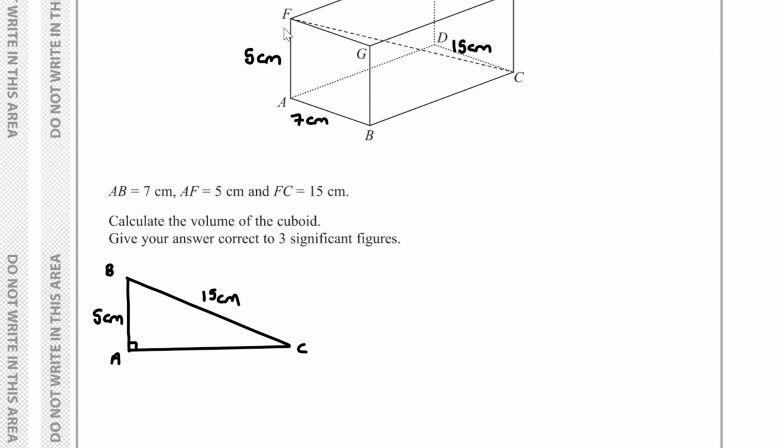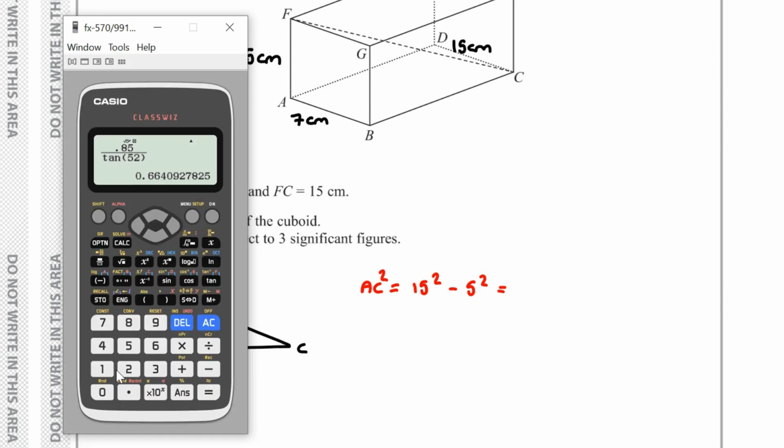So AC, we'll do this in red, is equal to, through Pythagoras, 15 squared take away 5 squared, so this is AC squared. So if we work this out, 15 squared take away 5 squared, this is 200, and therefore AC is the square root of 200, which is 10 root 2.